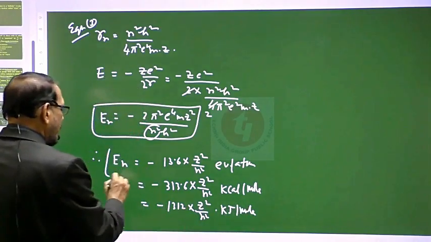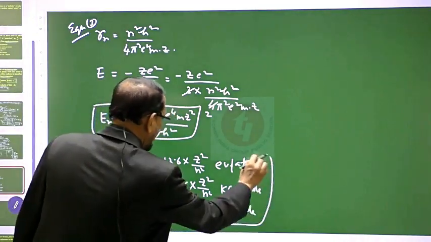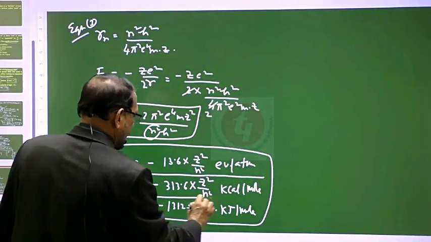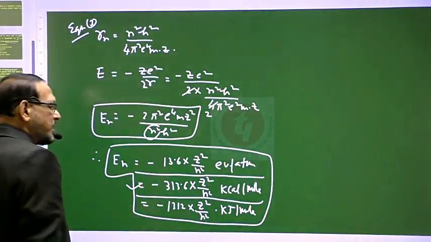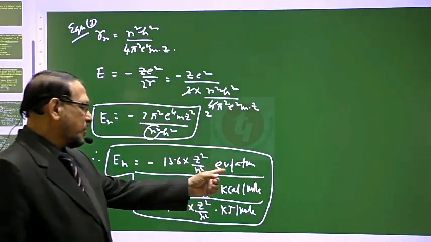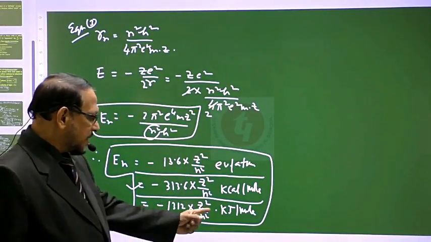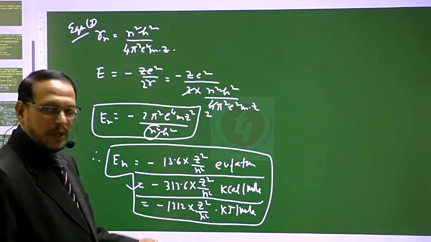So lots of numericals we can calculate based on this formula. If the unit is given in kilocalorie, we use this formula. If it is given in electron volt per atom, we use this formula. If the unit is given in kilojoule per mole, we use this formula.